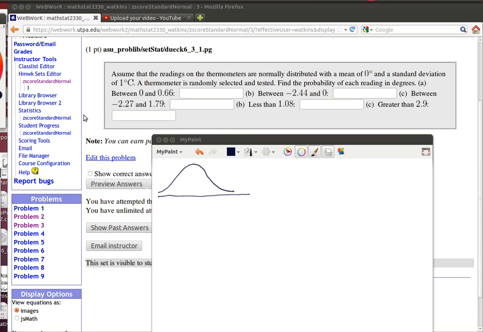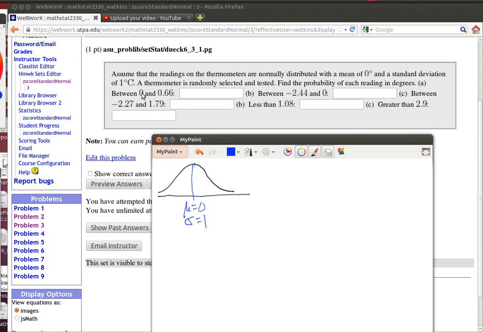Okay, so let's look at this first one. We want a reading between 0 and 0.66. So in this particular distribution, we know that the mean happens to be 0 and the standard deviation happens to be 1.